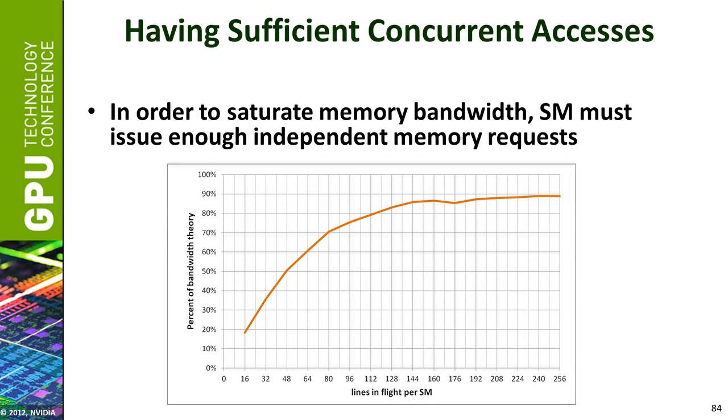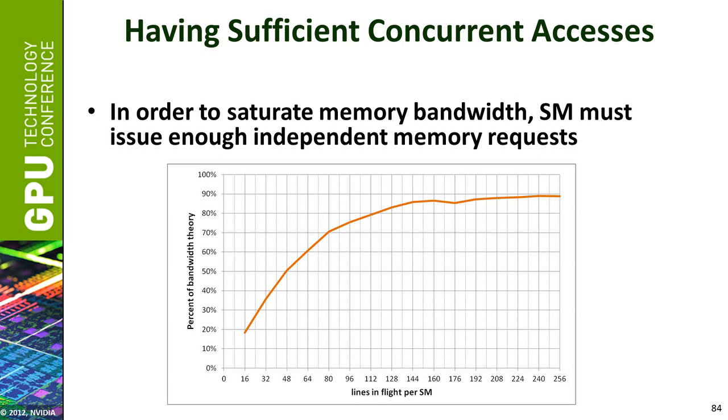I hacked up the code to force the numbers to be low. If all we have is 16 cache lines traveling on the bus at any given point, we only achieve about 20% of our theoretical bandwidth. So we need to add more and more concurrent memory accesses in flight to saturate the memory bus. Somewhere around 100 cache lines in flight, we start saturating the achievable memory bandwidth.